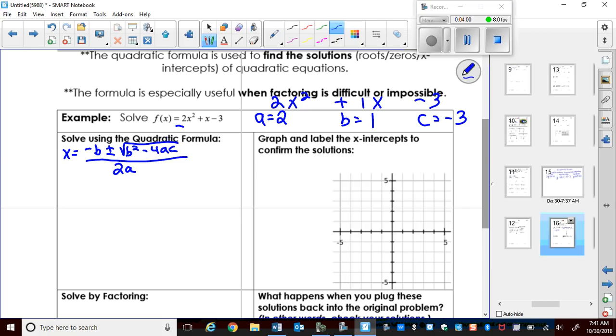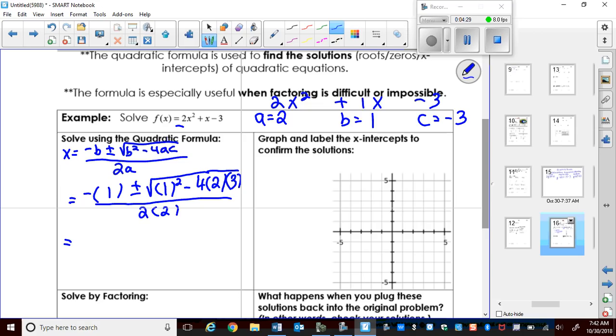So part by part, this equals negative b, which is 1, so negative 1, plus or minus the square root of 1 squared. And make sure you're using parentheses here. 4 times 2 times 3, and this is all under the radical, divided by 2 times 2.